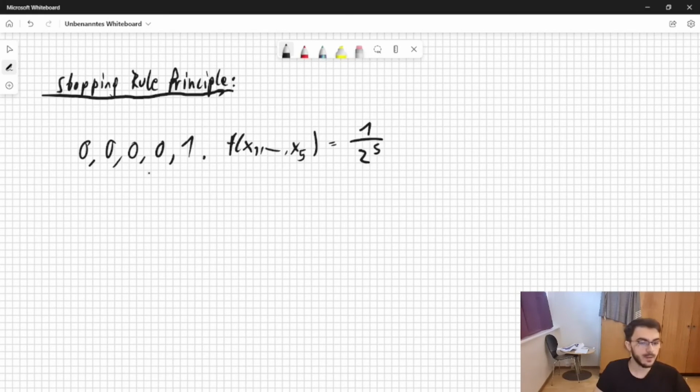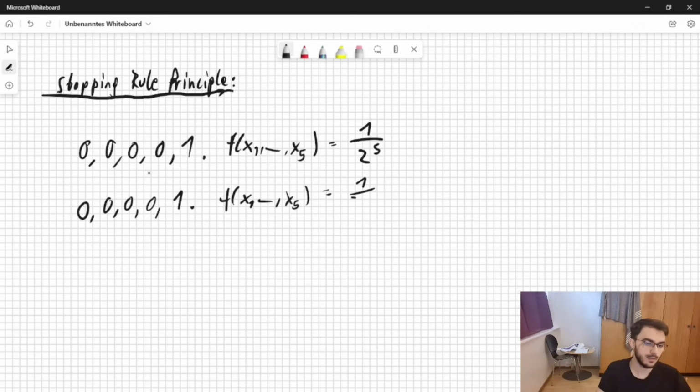And then consider we have a different experiment where we toss a coin until the first head. So we toss it, we check, is it head? No. Toss it again, is it head? No. And we keep going, and then on the 5th time it's head. Then the likelihood of this is the same.